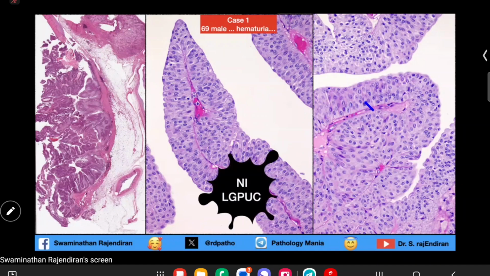So this is a non-invasive low-grade papillary urothelial carcinoma. Each word is important. Non-invasive, very, very important, because treatment difference is there. We will talk about it. Low grade: any urothelial carcinoma, we have to classify into low grade or high grade, papillary or flat. So non-invasive, low-grade, papillary urothelial carcinoma.